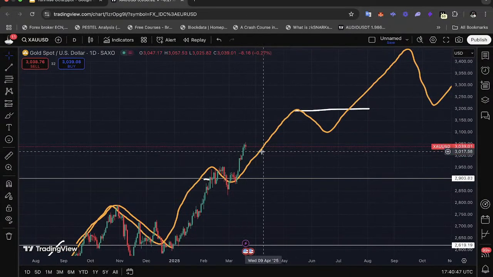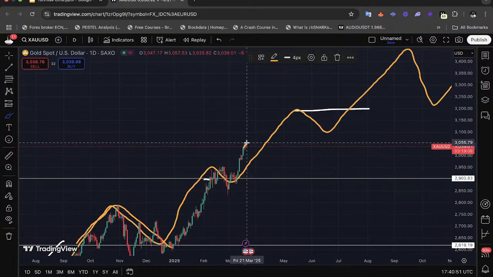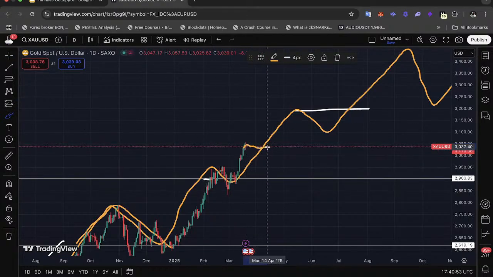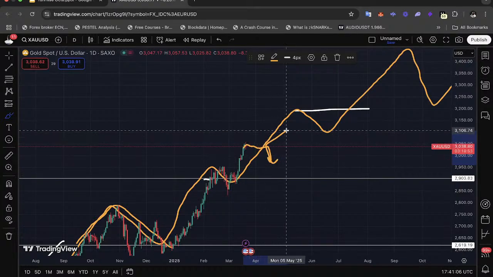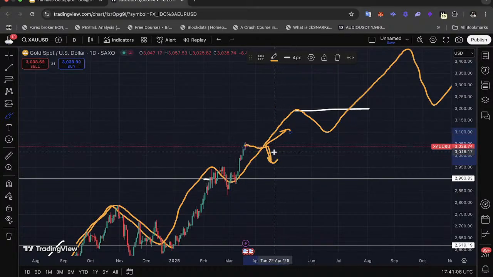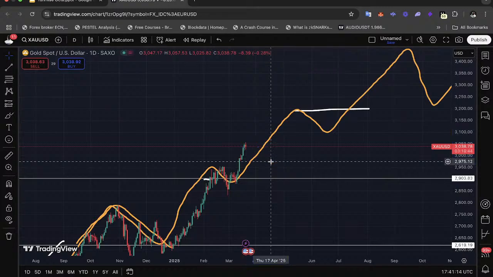So we can see that if there is a consistent consolidation on this level, okay, then we might wait to see if price will push back a bit or if price will push up. All right. Because right now gold is volatile.